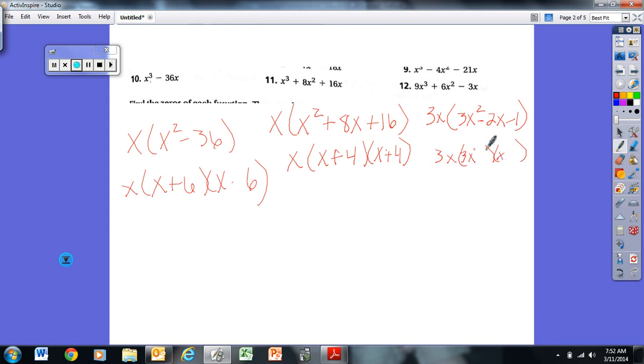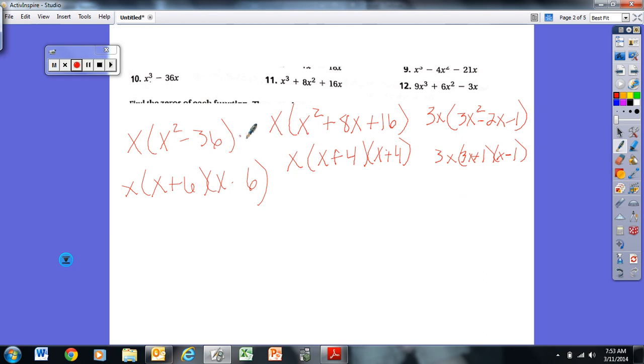The only way to get 3x squared is 3x and x. The only way to get 1 is 1 and 1. I just have to figure out the signs. I need it to equal a negative 2. So 3 times 1 is positive 3, but if I put a minus here, then it's 3 times negative 1, which is negative 3, plus 1 gives me negative 2. So that's writing all of these in factored form.